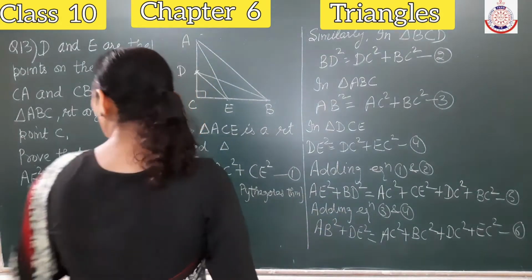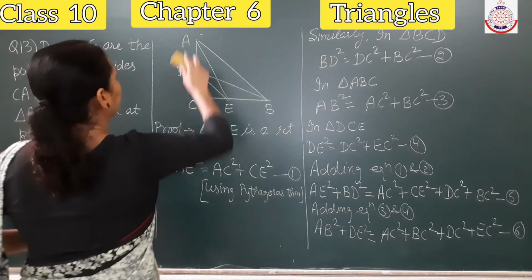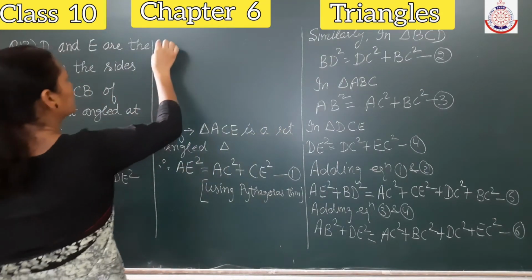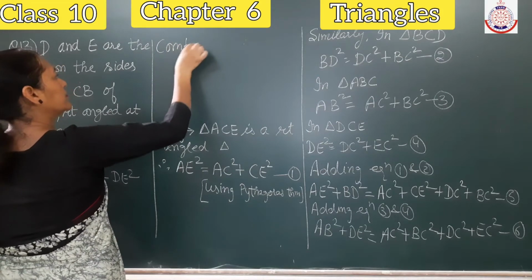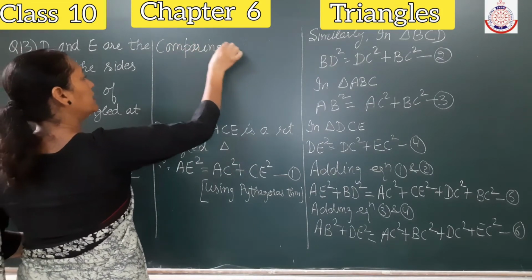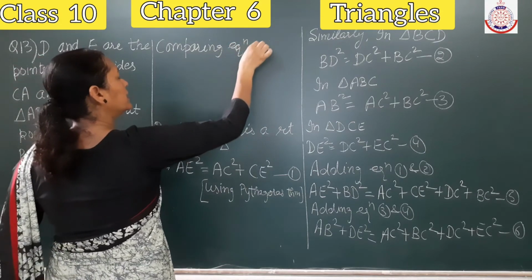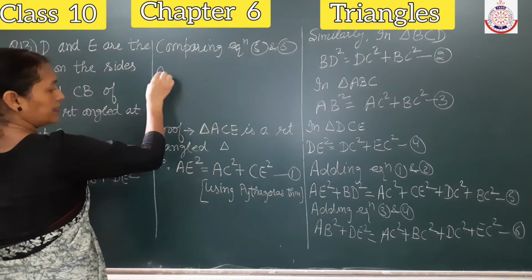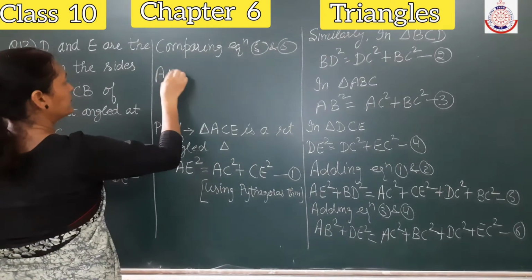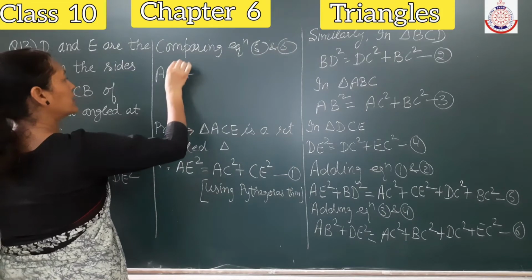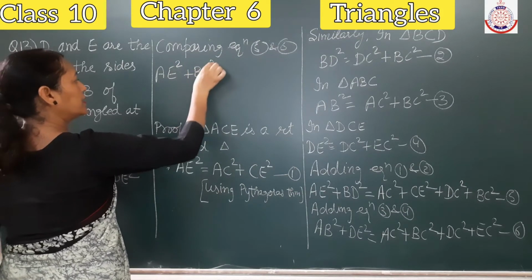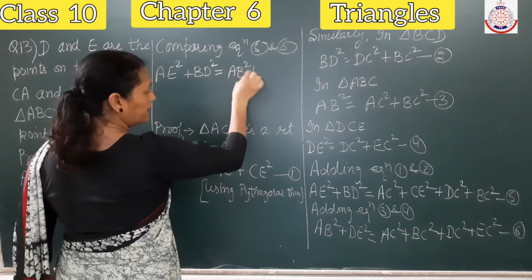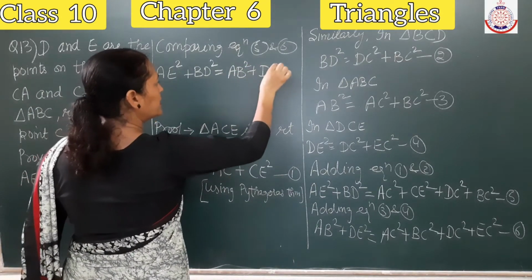So comparing equation 5 and 6, we'll be getting AE square plus BD square is equal to AB square plus DE square.